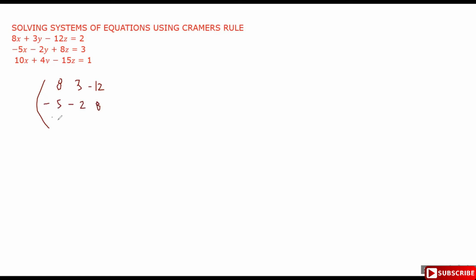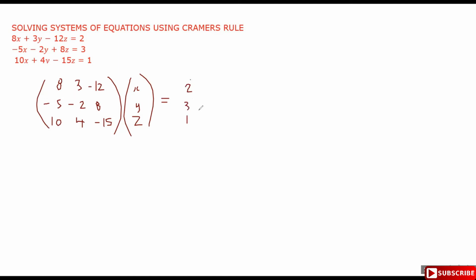This is 10, 4, and minus 15. This is just the matrix of all the coefficients, all right? And it's being multiplied by x, y, z, and that is going to be equal to 2, 3, 1.